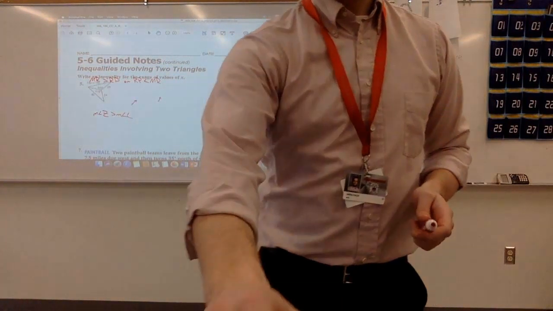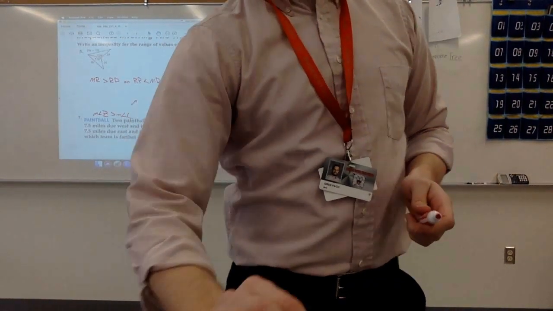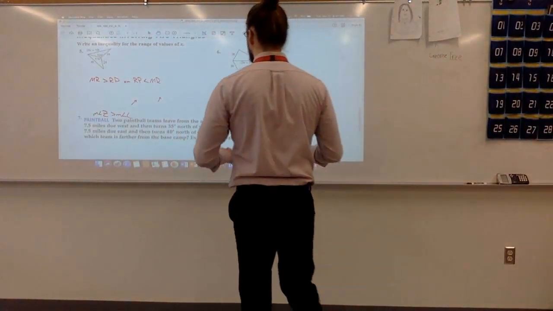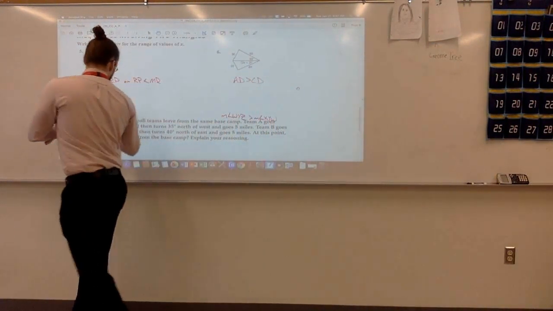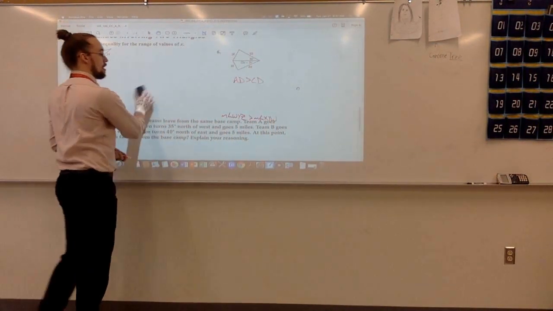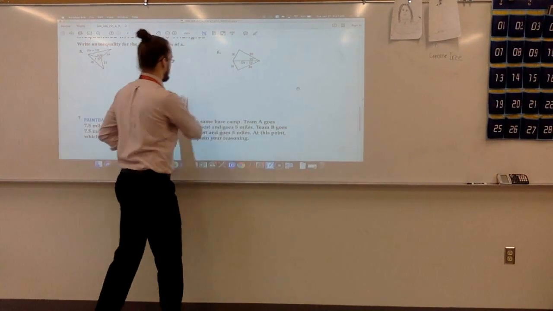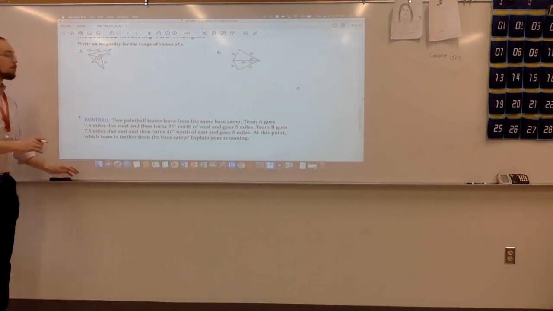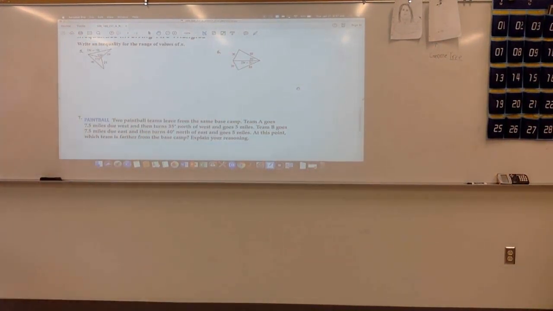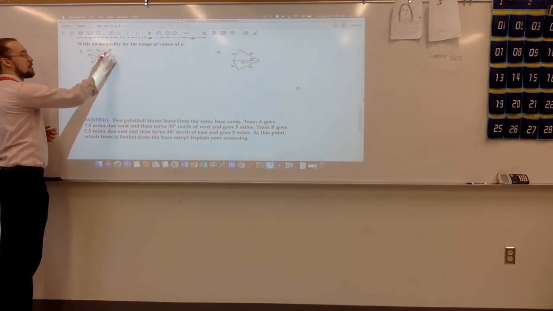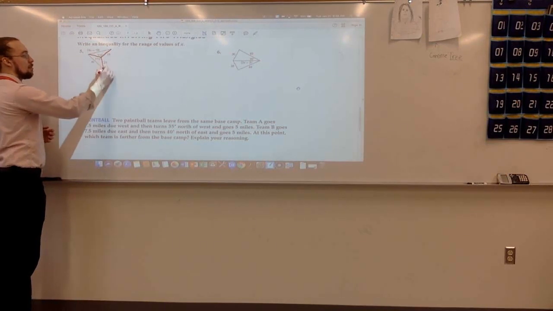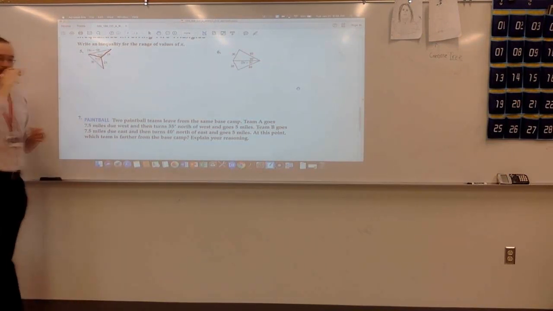All right, let's flip over to the back then. So 5 and 6 are pretty similar here, except we've got X's in there now. So we still want to use this same logic. We've got two sides the same, but then I've got angles that are different here.